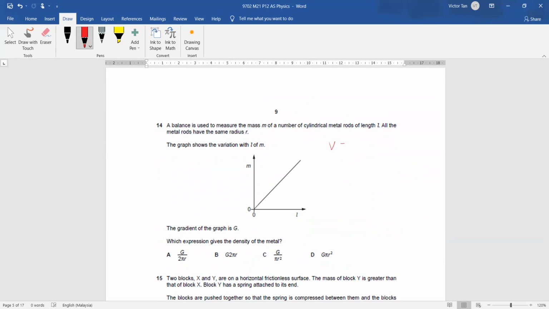So the volume of a cylinder is pi r squared L. Density is mass over volume. Mass equals rho pi r squared L. So G equals rho pi r squared. This is the linear law, so rho is G over pi r squared. You need to understand a bit about linear law in this question.